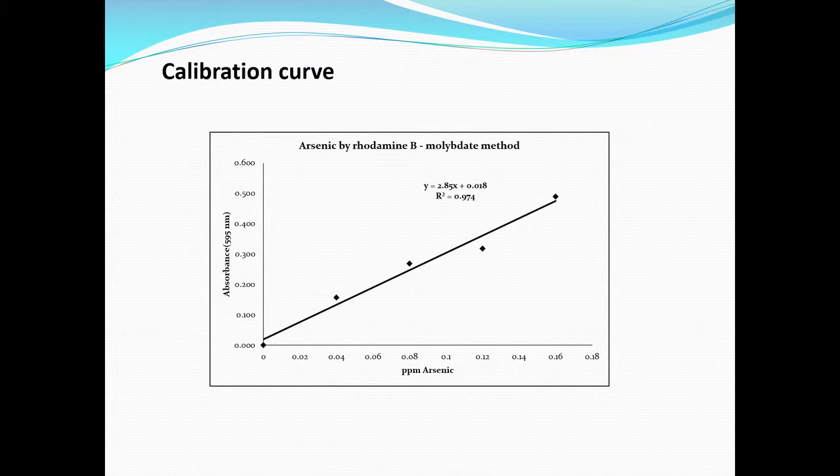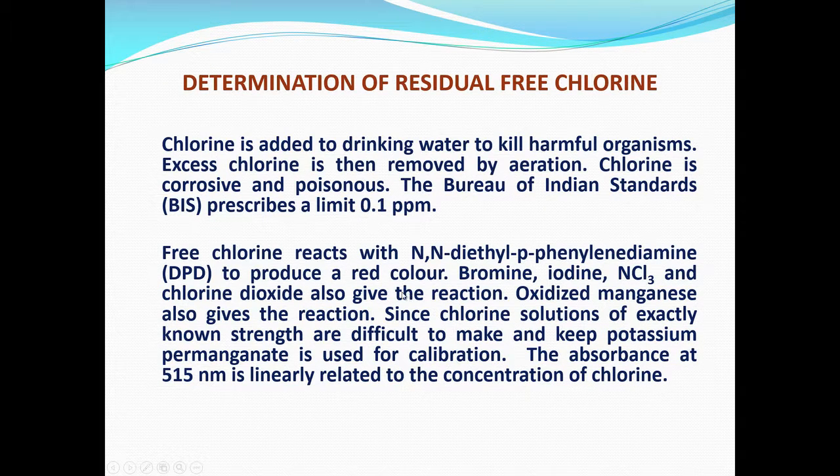You can see that up to 0.16 ppm you can determine arsenic. So, 0.1 would be somewhere here, but if you take larger quantities, you can make it come on the calibration curve. So, that completes our discussion on arsenic.